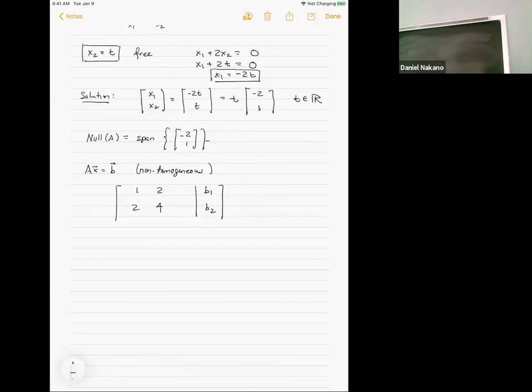This is AX equals B, and we want to solve the non-homogeneous system.